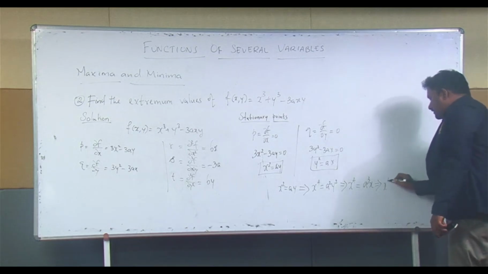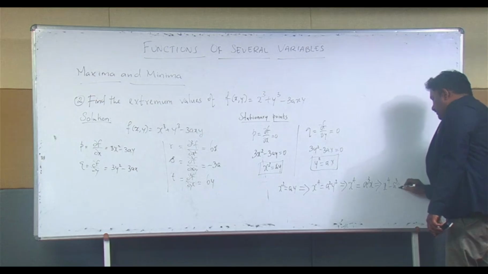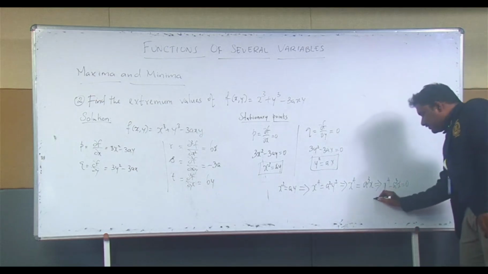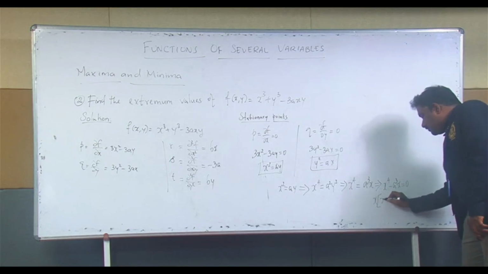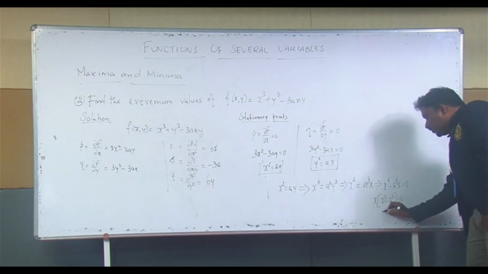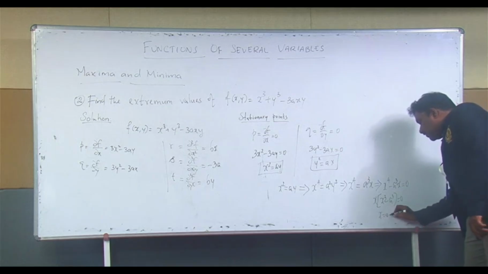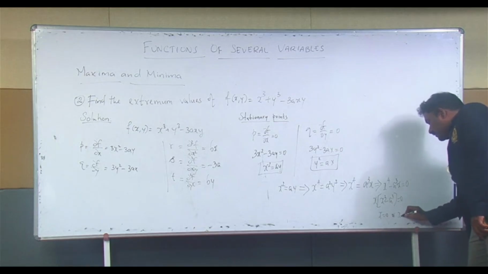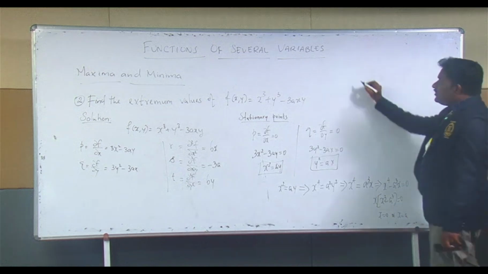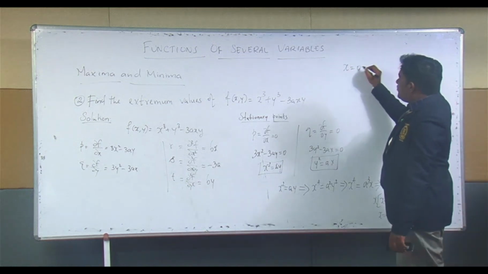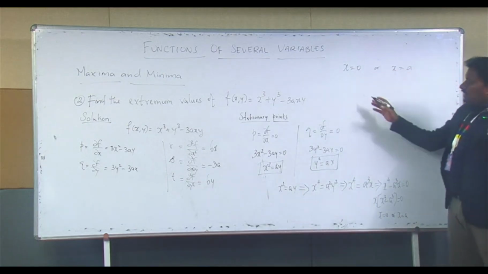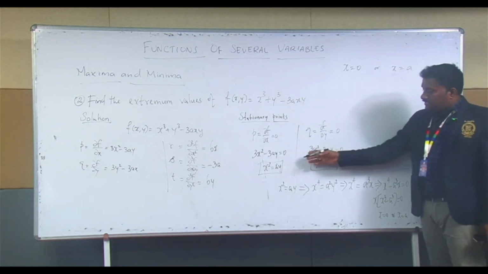So, I can write it as x power 4 minus a power 3 x is equal to 0. If you take x out, it becomes x power 3 minus a power 3 is equal to 0. So, either we get x equal to 0 or x equal to a. These are the 2 points we get. Now replace these values in any of the equations.